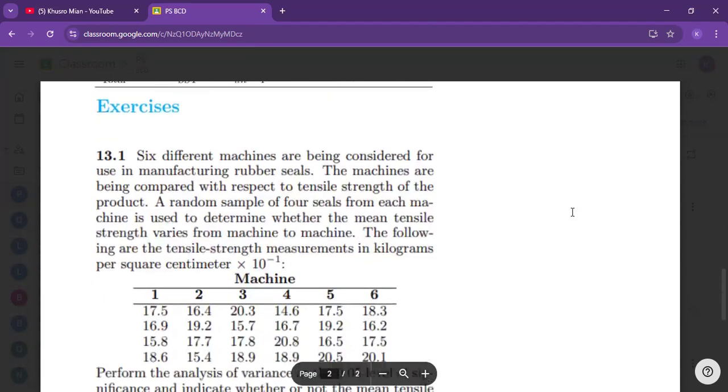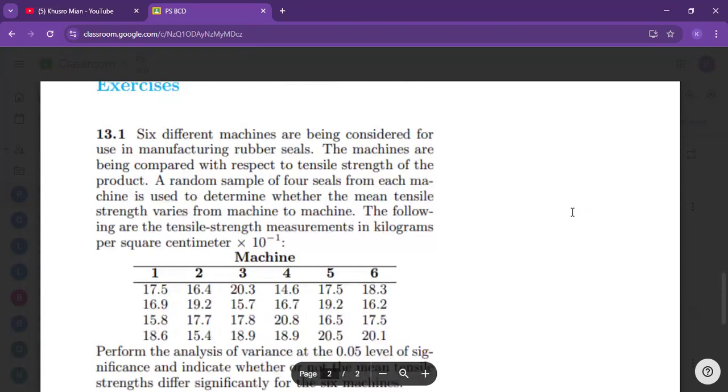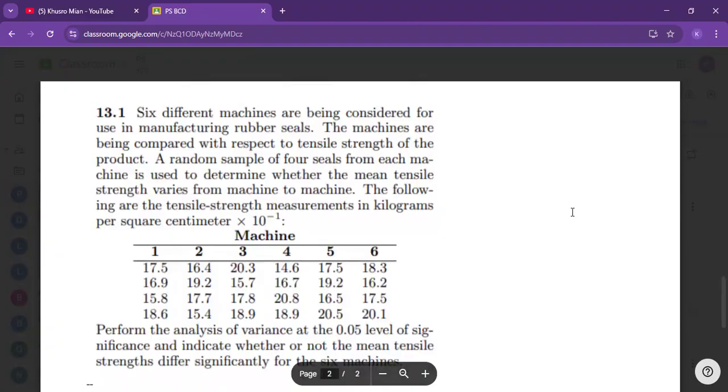Now we have to start exercise 13.1. Six different machines are being considered for use in manufacturing rubber seals. The machines are being compared with respect to tensile strength of the product.